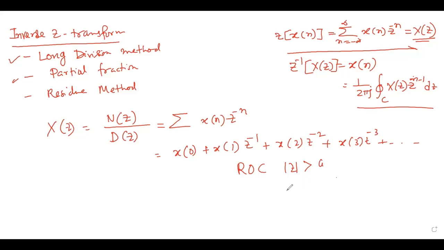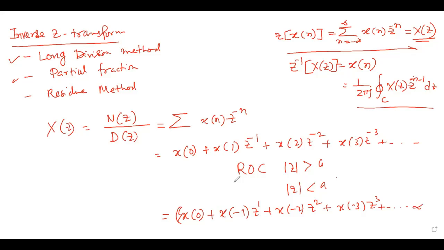And if the ROC is given in this form, say mod z less than a, in that case you will write it as a power series of what? Positive power series, right? Like x of minus 2 z square, x of minus 3 z cube, and so on.